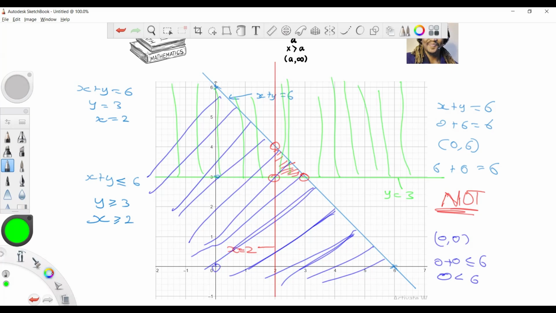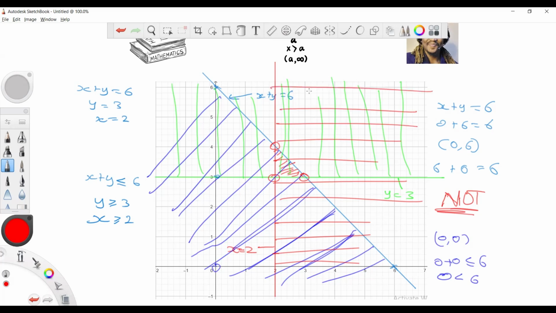And then finally, for the values of x greater than or equal to 2, we know that along this line, all values of x are equal to 2, but we're shading the rest of the case where they are also greater than 2. So this is why I said it is this region here that satisfies all these inequalities.